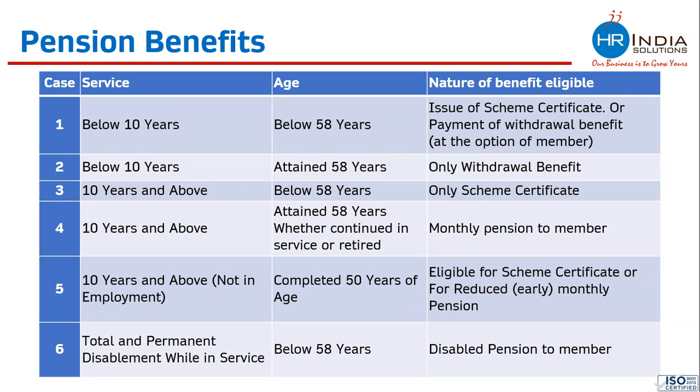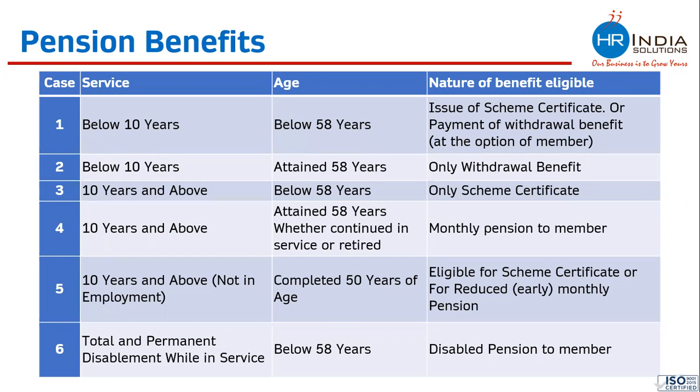So this person is left with only the withdrawal benefit. The pension will not start because he has not completed 10 years of contribution. So this person cannot go for monthly pension. He can only withdraw the entire money. Are things getting cleared?